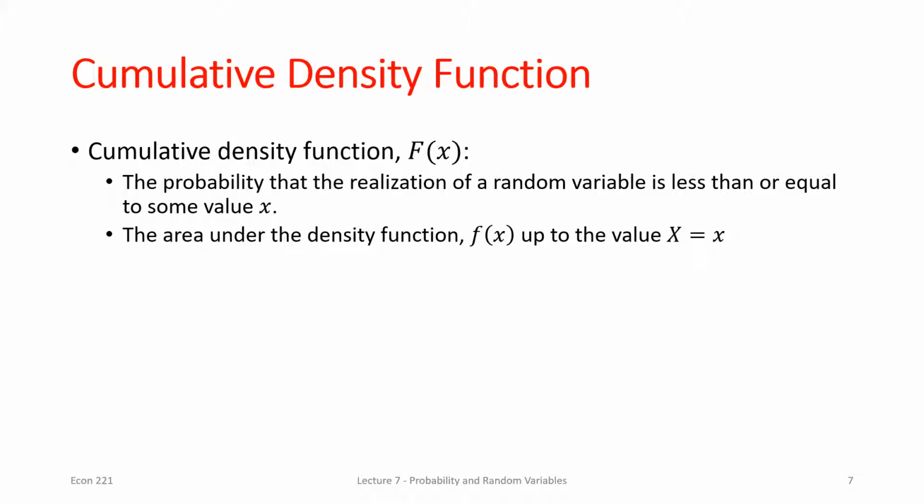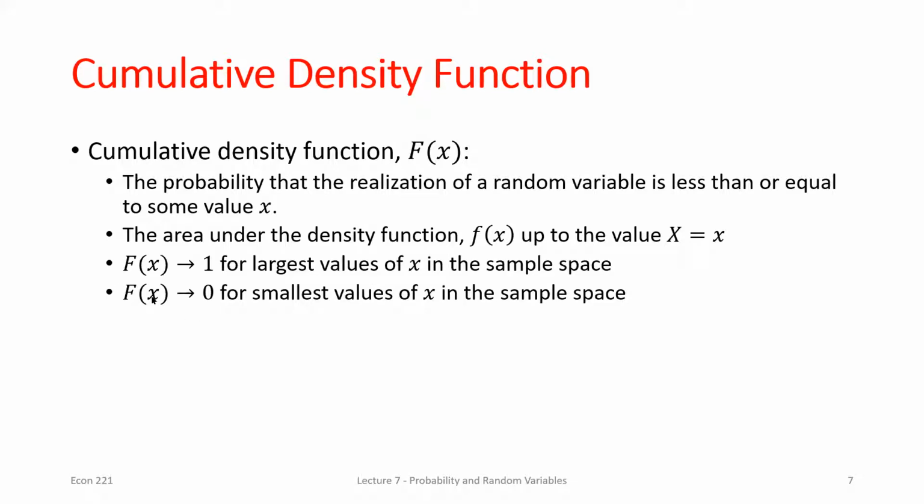Well, that's every possible outcome. I have to see something, so that probability is 1, right? I will definitely see something in that range. As I get really, really small X values, that cumulative density function starts to get really, really close to 0, right? What's the probability I see something that's just barely above the minimum or anything less than that? Well, that's really, really small, closer to 0.